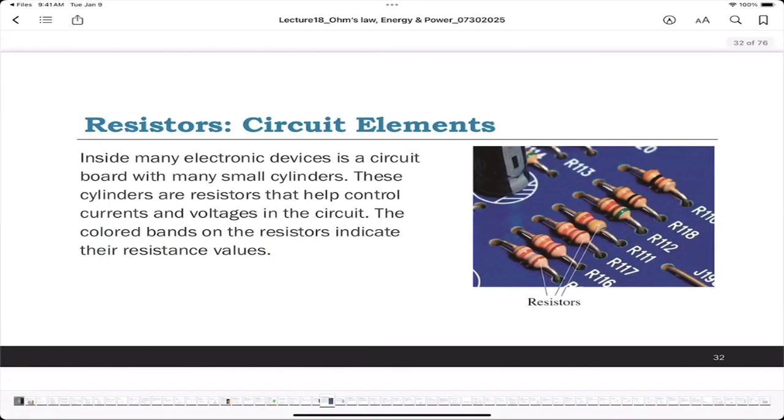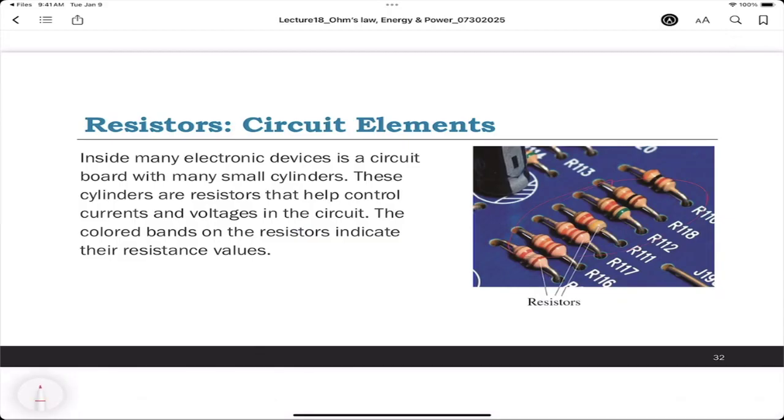Okay. And resistors also can be used as circuit elements. Inside many electronic devices is a circuit board with many small cylinders. These cylinders are resistors. They help control currents and voltages in the circuit.